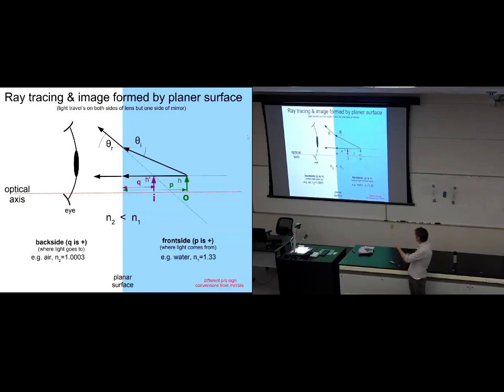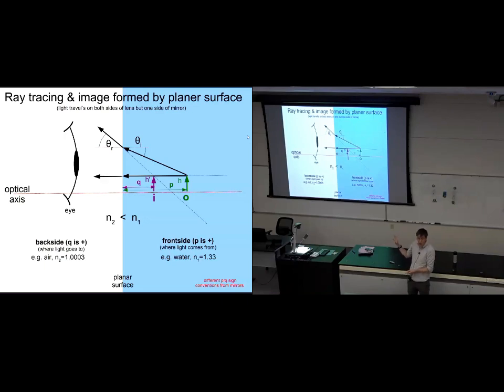Here's my giant eye that's connected to my giant brain that's going to interpret all this. And we're going to trace some light rays. We're going to figure out that the image of the fish that I reconstruct is going to be located here in magenta. That's what I just want to show you.